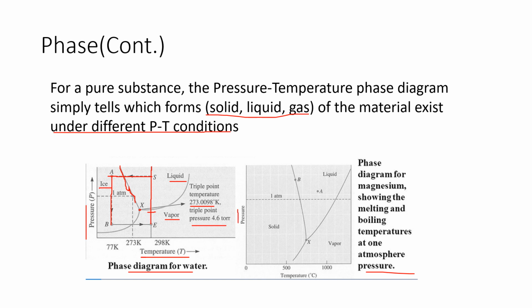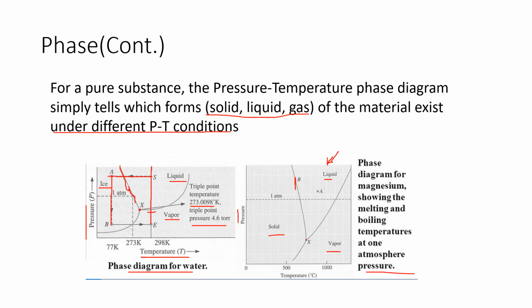Similarly, if we study the pressure versus temperature diagram for magnesium, this figure shows the two variables for magnesium, and it shows the melting and boiling temperatures at 1 atmospheric pressure. Here the three boundaries, liquid, vapor and solid, are separated from each other through a triple point X at different pressure and temperature regions.